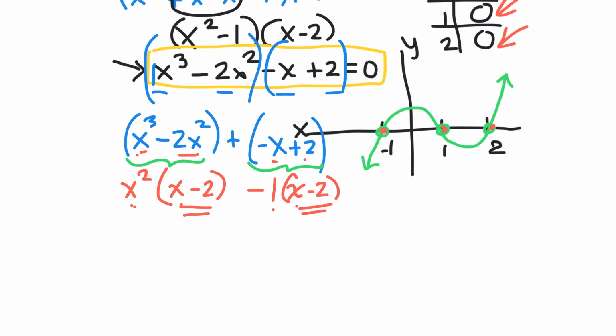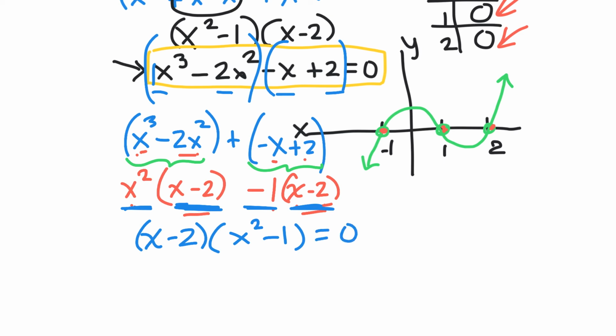And so what we need to do is factor this x minus 2 and this x minus 2. Since that's a common factor there, we're going to factor out the x minus 2 on both of those, and you're left with what? You're left with this x squared minus 1. So x squared minus 1 is the other factor. So this is factored correctly so far.